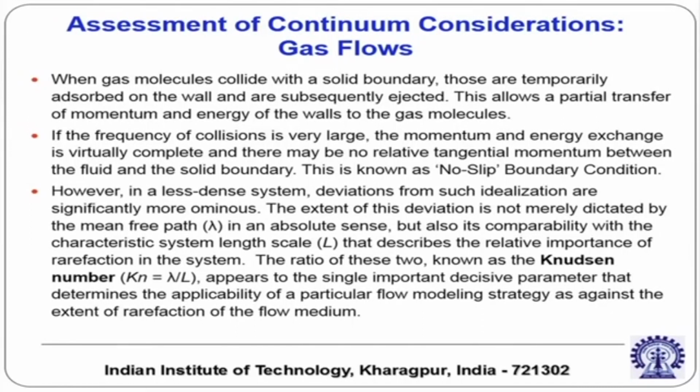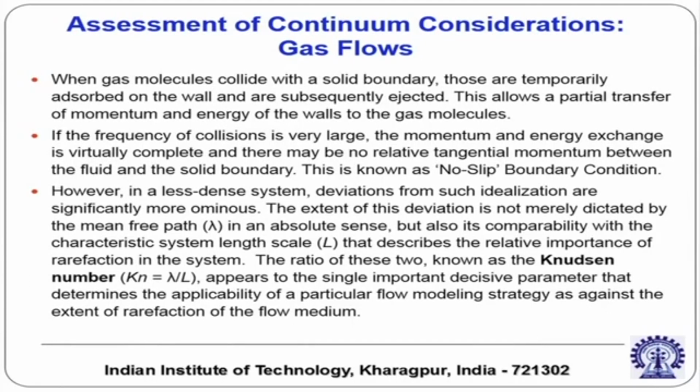However, if the frequency of collisions is not sufficiently large, then this may not hold true, and the largeness or smallness of the frequency of collision is well parameterized by the non-dimensional number called the Knudsen number. So, the Knudsen number is the ratio of the molecular mean free path to the characteristic system length scale.